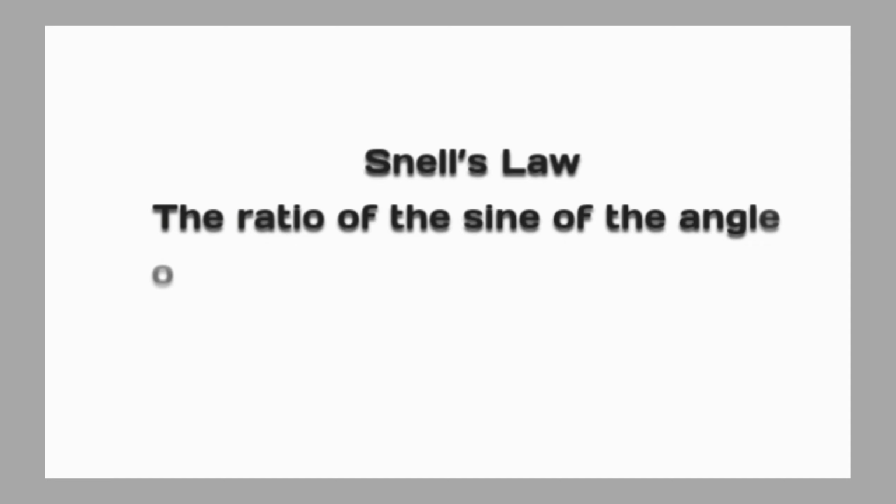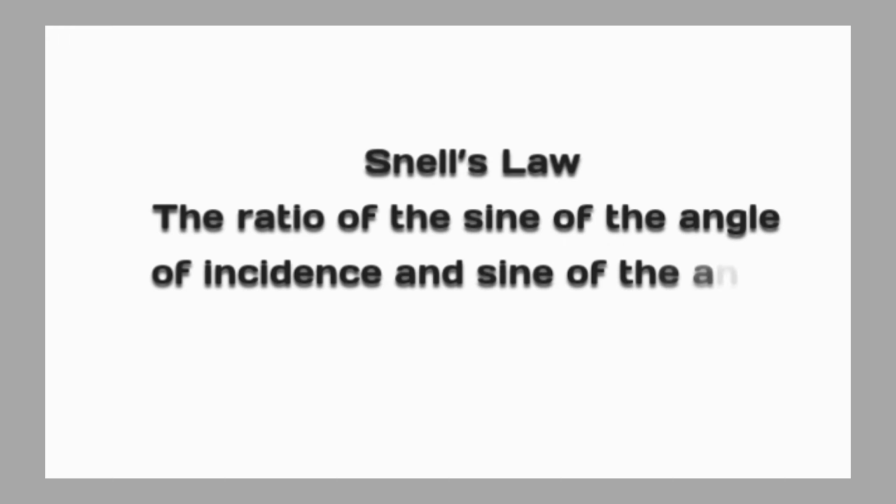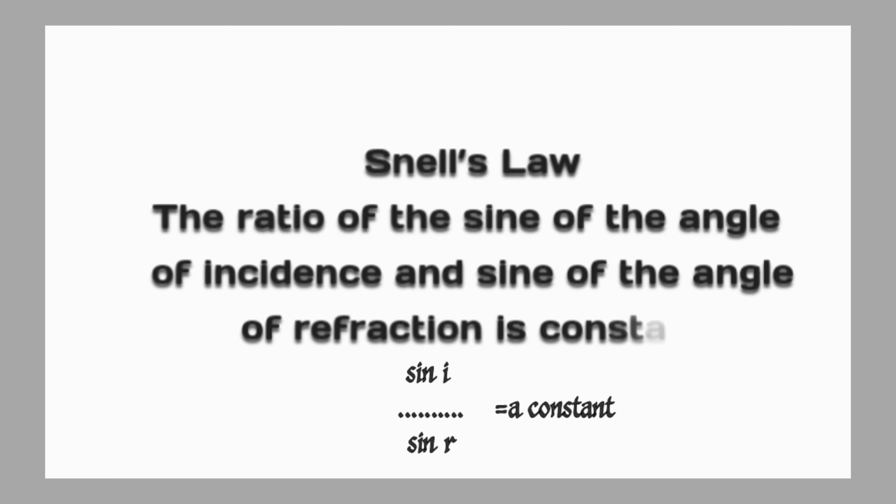This second point is also known as Snell's law of refraction. We can consider different angles of incidence for a pair of media. In each situation, we obtain different angles of refraction, but in each case, the ratio between the sine value of the angle of incidence and the sine value of the angle of refraction gives the same, constant value.